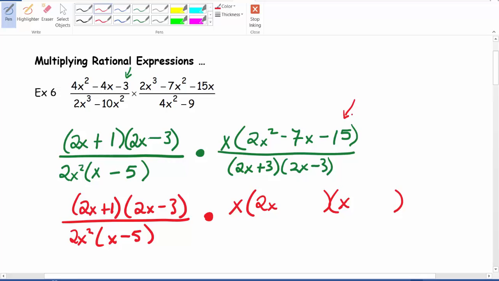Again, breaking down this trinomial into 2 different binomials being multiplied together. The last number is 15. So looking at factors of 15, 5 and 3 usually come to mind. So maybe we'll put a 5 here and a 3 here. When we do that, we end up with 10x and 3x. Well, that can combine to give us 7, or negative 7x if you want to look at it that way.